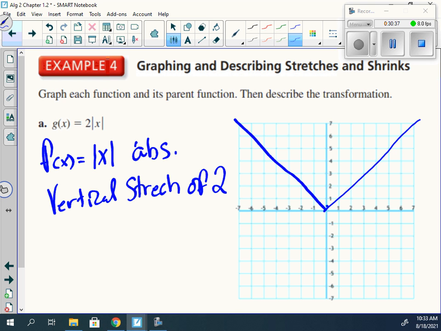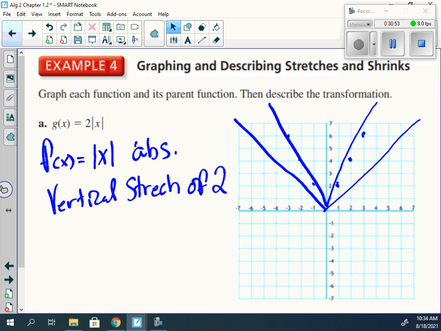So this here is the parent: 2, 4, 6, 2, 4. There's the new one. It's increasing faster by a scale of 2.